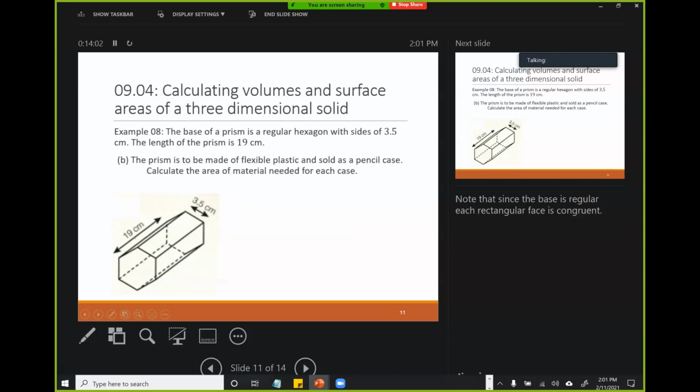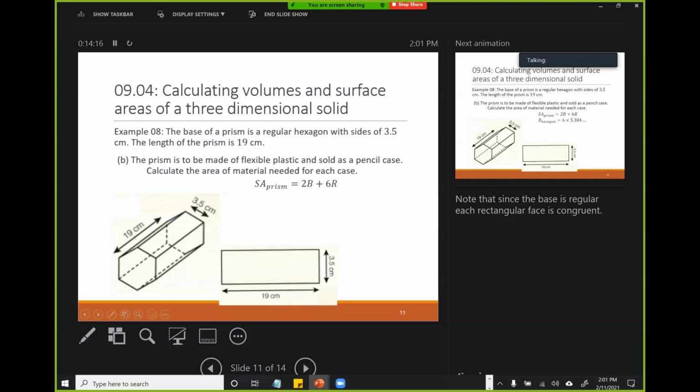To get the surface area then, well, this is my rectangular face. I have 6 of these identically sized, right? So my surface area is 2 bases and 6 rectangles. The base we know was 5.3 from the previous calculation.